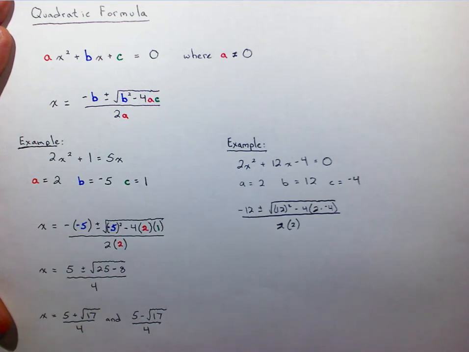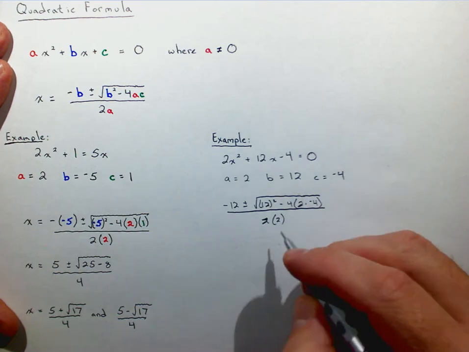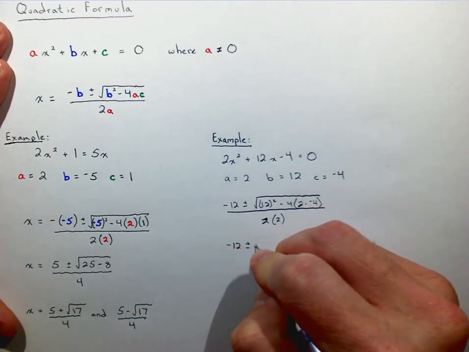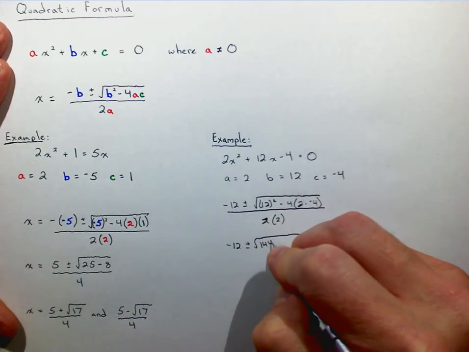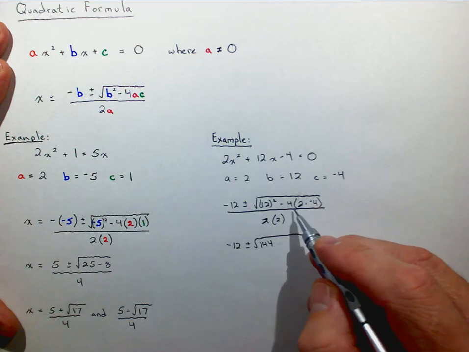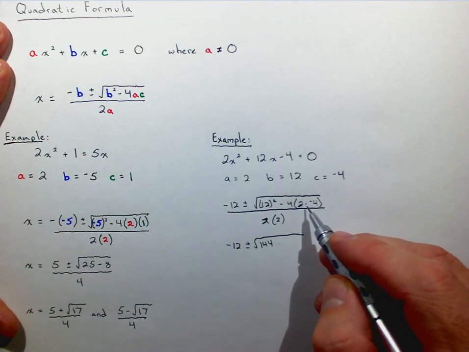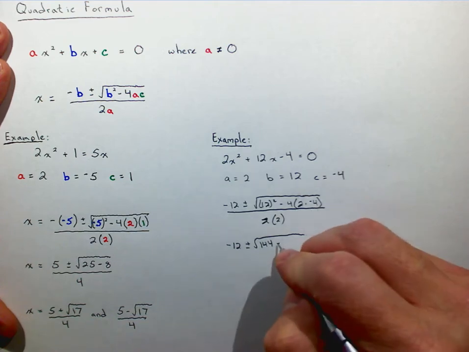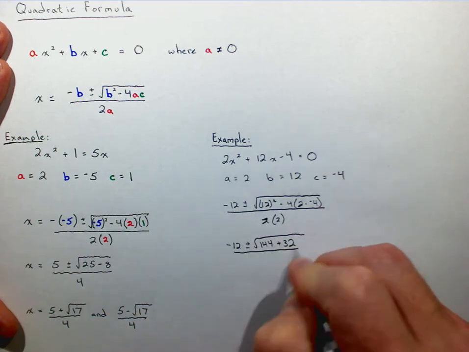And now it's a matter of simplifying. So I have negative 12 plus or minus the square root of 144, and this is negative 4 times a negative 8, which is positive 32, so plus 32, and there over 4.